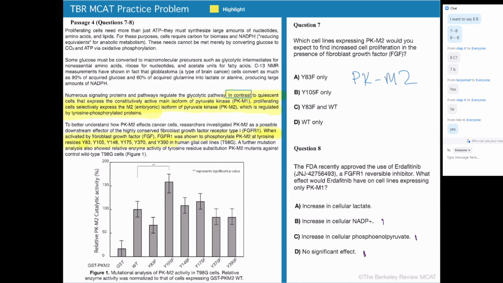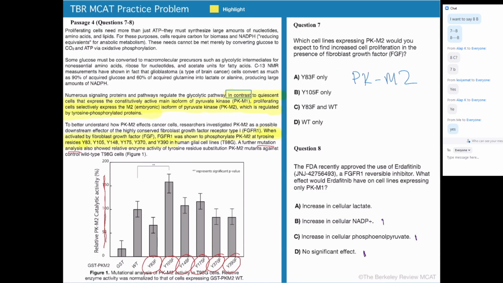And so what they did is they did this mutation analysis, and then they wanted to record the relative activity of PKM2 if they mutated each of these cell lines at different tyrosine residues.